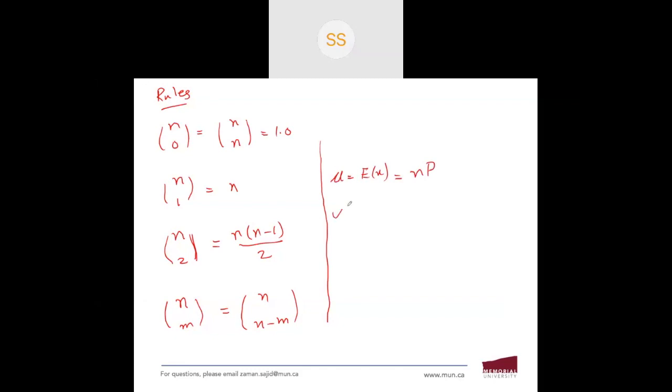Whereas sigma square is equivalent to n of p into 1 minus p. Now here you need to note down that p is the probability of occurrence.